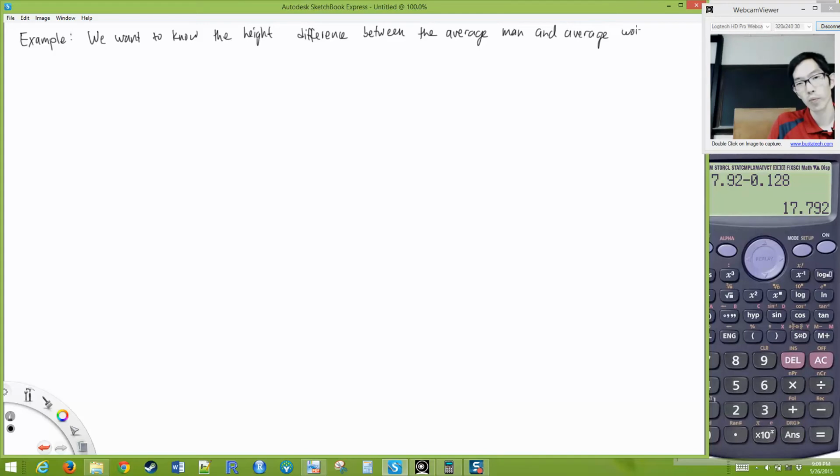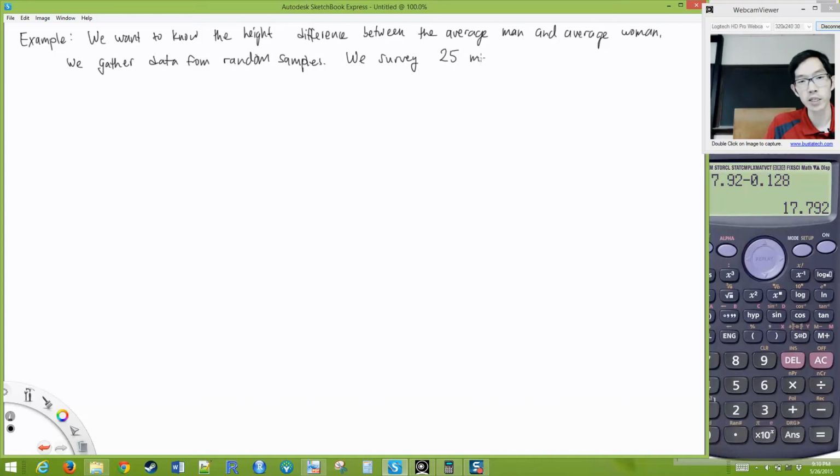Okay, so one of these we're going to have to label. We gather data from random samples. So we survey, we'll say, 25 men.